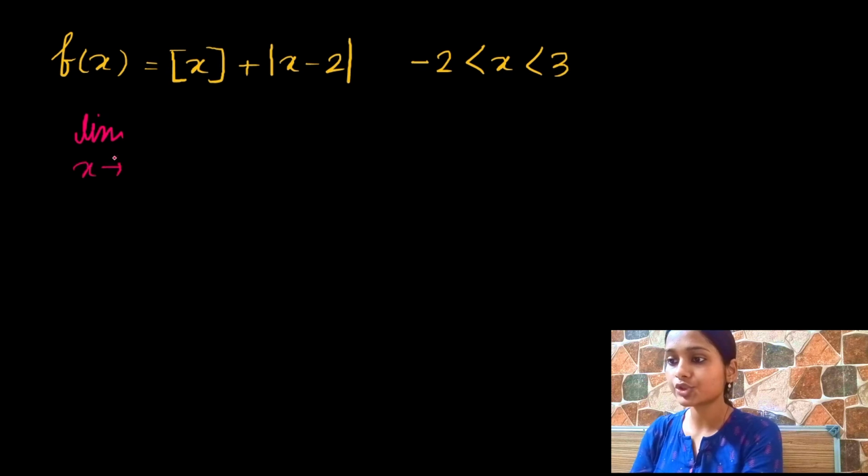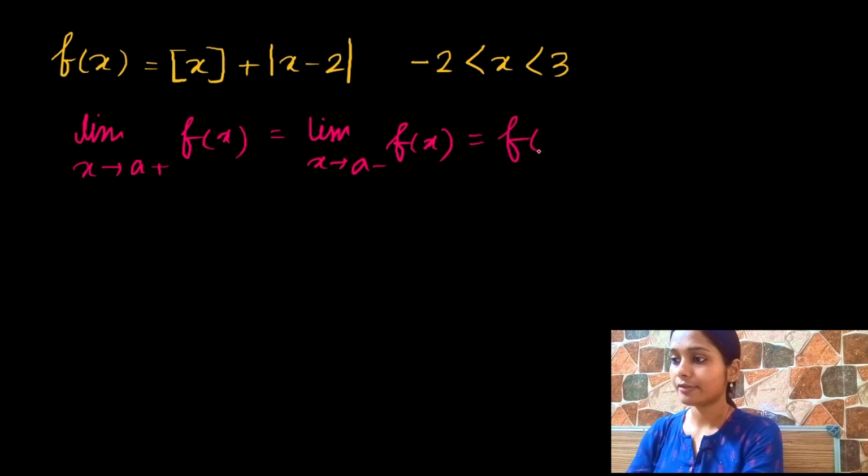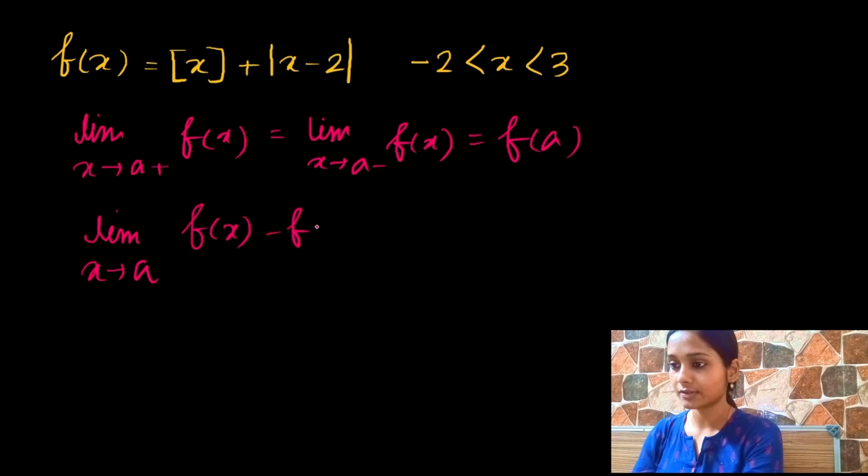Suppose we need to check the continuity of a function at some point x = a, then we need to check whether these limits are equal to f(a). And when we need to find the differentiability of a function, then this limit is obtained.